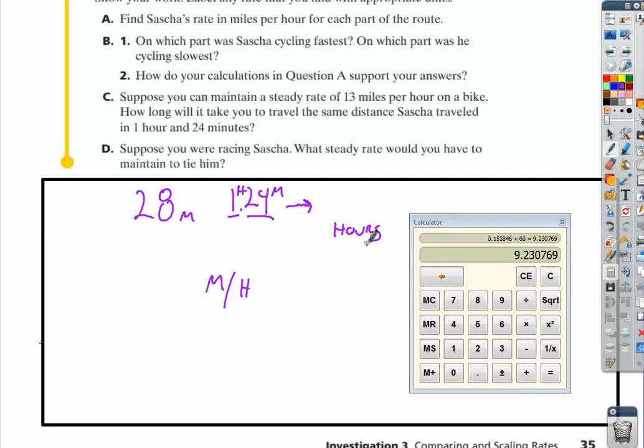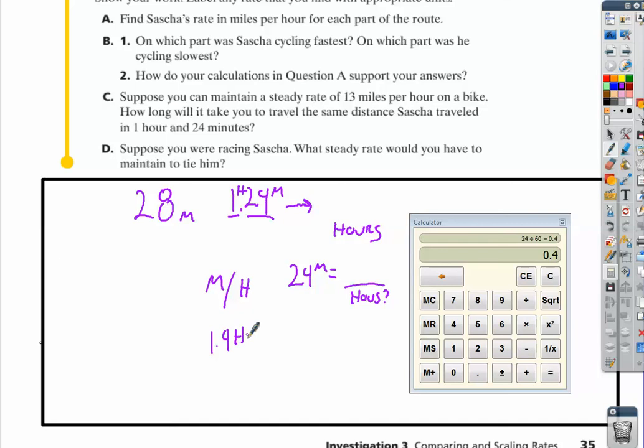So I need to work backwards. So 24 minutes is equal to how many hours? Well, in our other conversion, we multiplied by 60. Here, we're going to divide by 60 because we have 24 sixtieths of an hour. So 24 divided by 60 is 0.4.